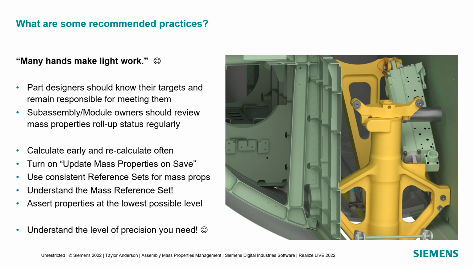Asserting those properties at the part level is going to be a little more consistent, because as you assert at the subassembly levels, those end up being instance attributes that are specific to individual instances, so they don't roll up quite as well. But anyway, the last little bit here, again, is understanding the level of precision that your design requires. That's a good thing to know.